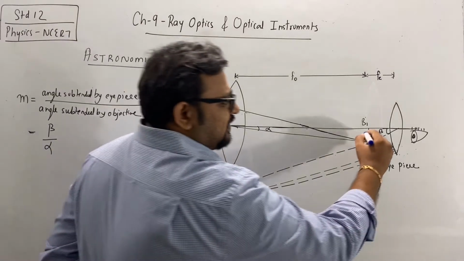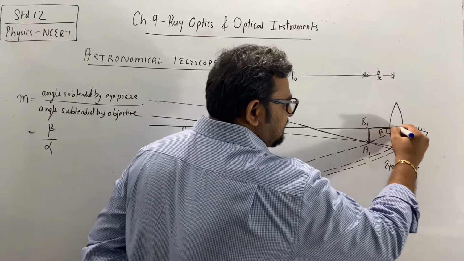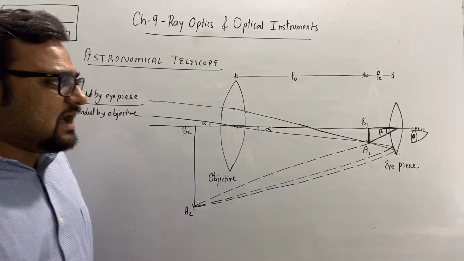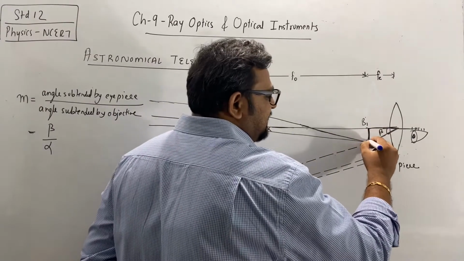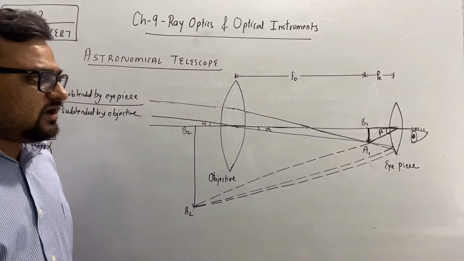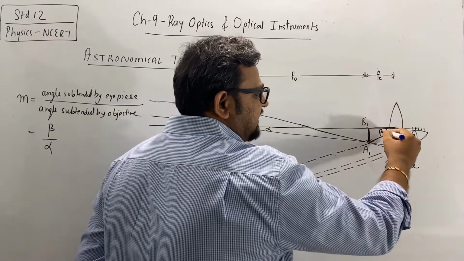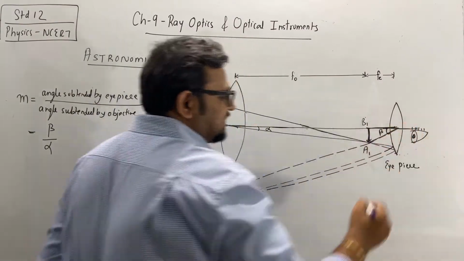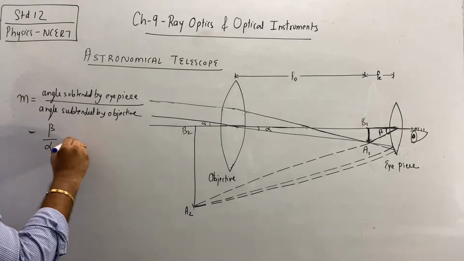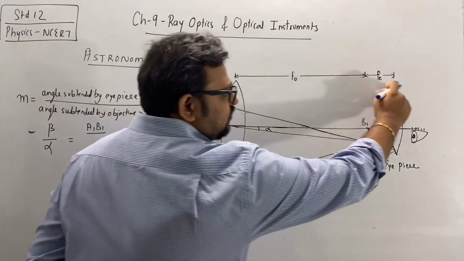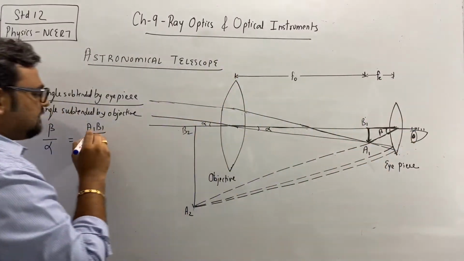Now see, when I take this triangle, what is beta? This is A1 B1 upon this F. Tan beta is opposite upon adjacent, so it will be equal to A1 B1 upon FE.